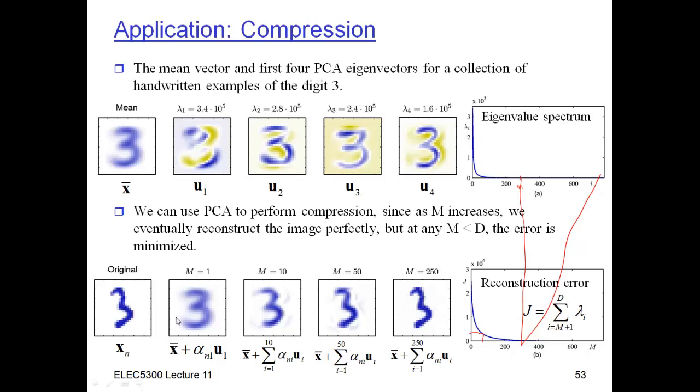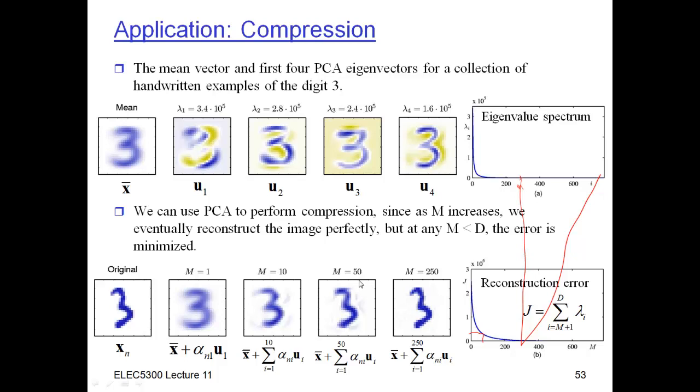But if I have only a few, then I'm going to be very close to the mean. But then as I add more and more, I'm going to get closer and closer. But you can see, particularly around here, that even though this part inside looks pretty good, I haven't been able to get rid of all this extra blue stuff around the 3.